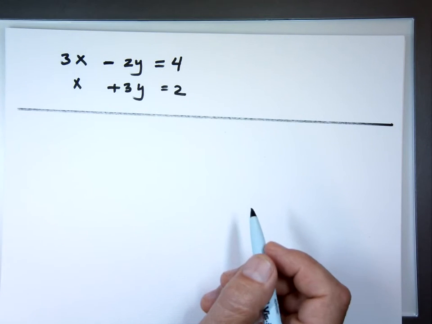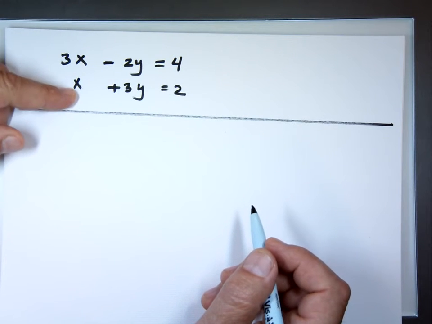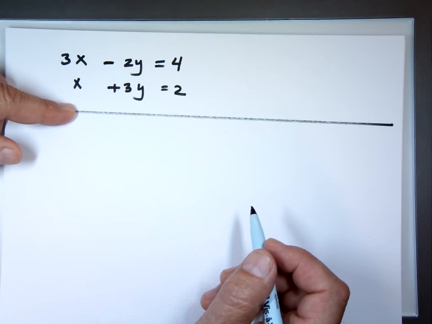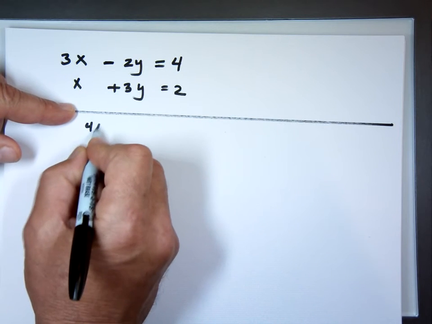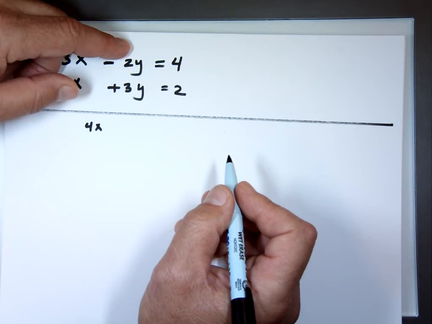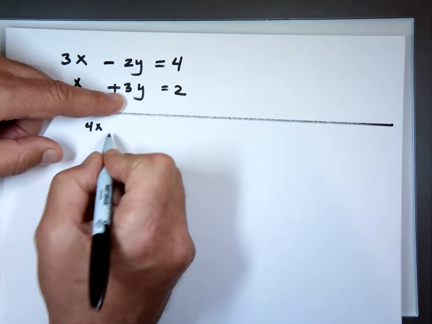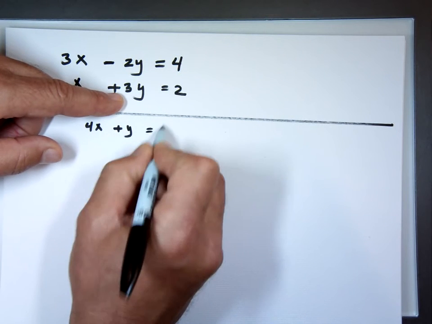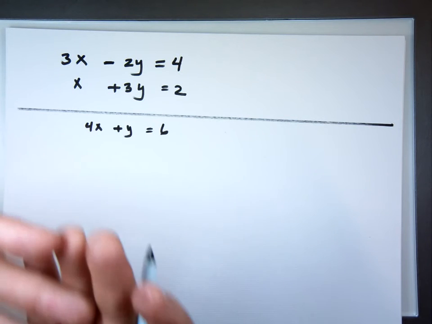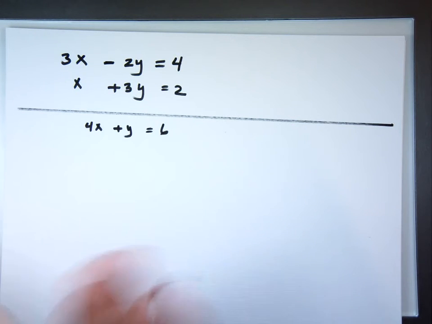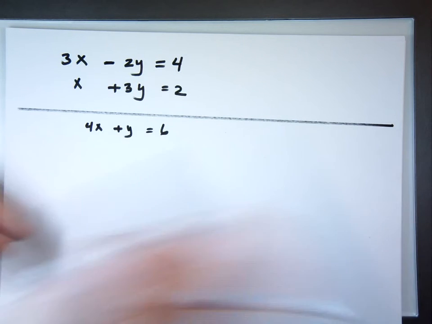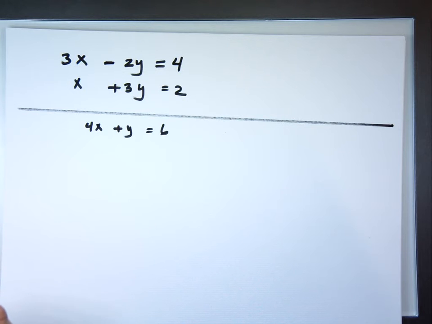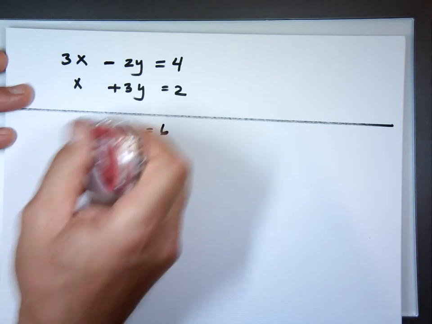What's 3x and x when you add them? 4x, right? What's negative 2y plus 3y? Plus y. That's not good. That's why I don't like the new name. It says elimination by addition. It sounds better. It reminds you have to eliminate one of the variables when you add them. That doesn't eliminate anything. So I don't like this. That's not good. It doesn't help me.